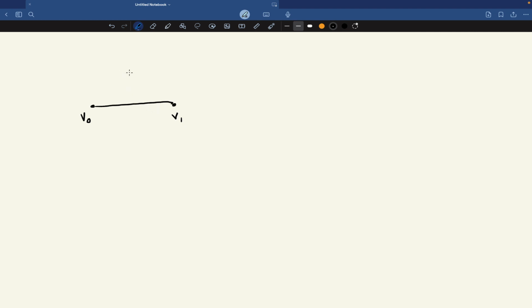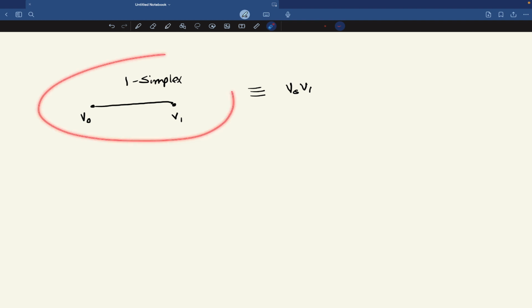So this is an example of one simplex. I can denote this one simplex just by writing V0, V1. This is a shorthand for this particular simplex.